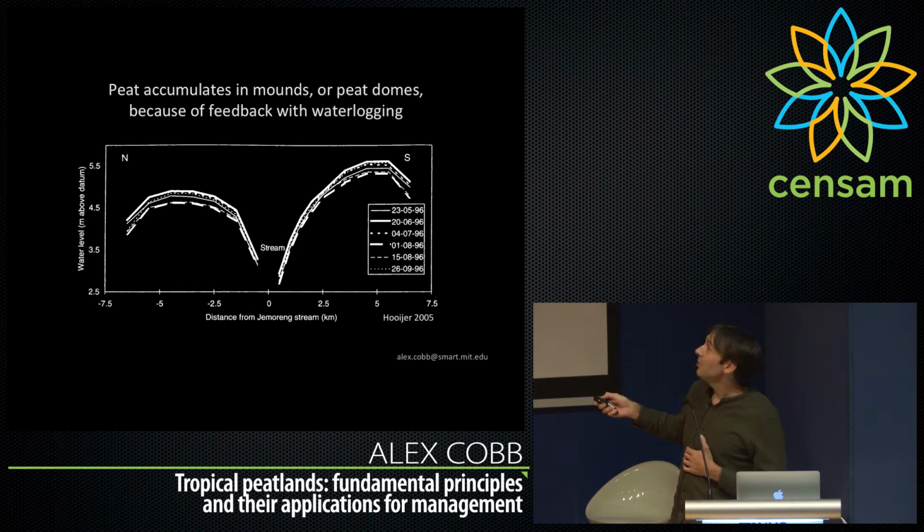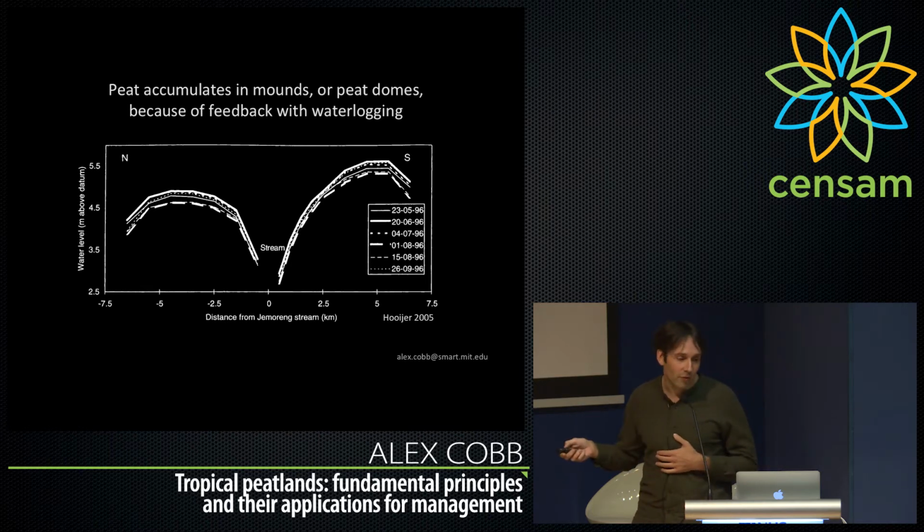So on some level, these landscapes have to have this kind of mounded or domed shape, because rain comes from the sky, it has to go somewhere, it goes downhill. And as you get closer to the streams or rivers or ditches bounding these peat mounds or peat domes, the amount of water that needs to be transported per perimeter is larger, so the gradient has to be bigger. So they have to form into these mounds.